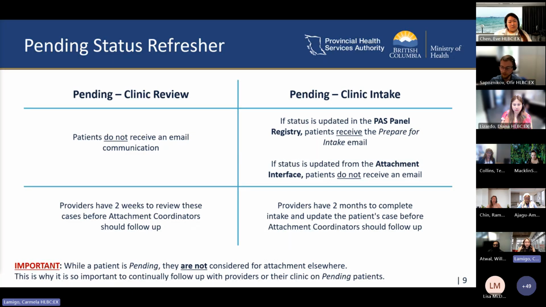Feedback from a number of attachment coordinators is that they have had the most success with setting timeline expectations early on with providers. Again, that's 2 weeks for pending clinic review, action within 2 weeks, and 2 months for pending clinic intake, as well as ensuring that any potential attachment lists sent are of a size that the provider can reasonably action within these timeframes.